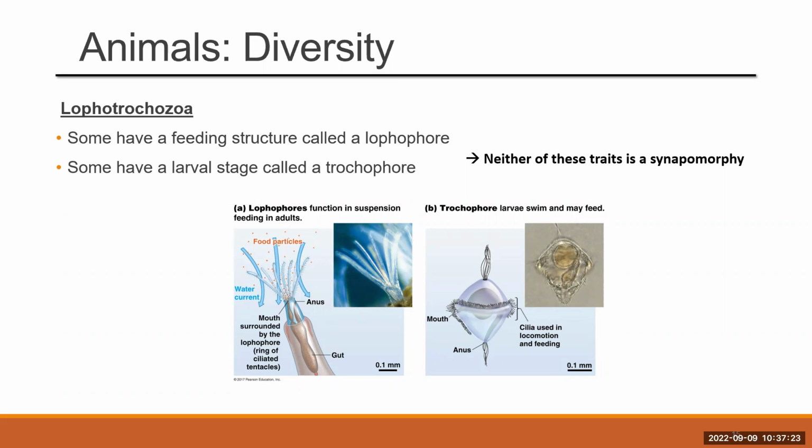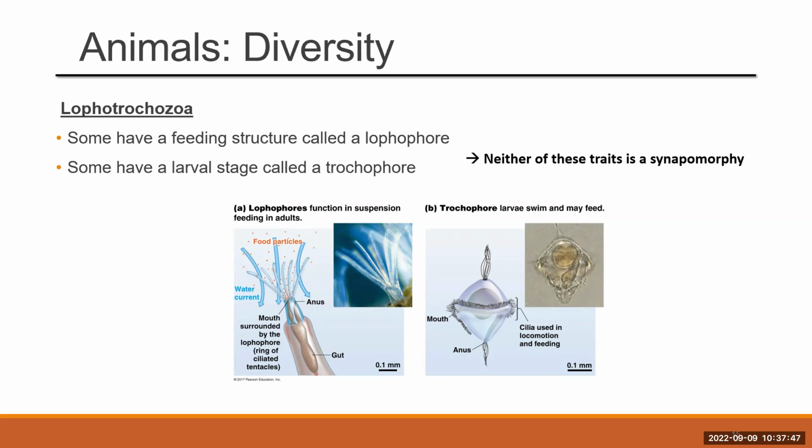The lophophore is this feeding structure here, which they can put out, these little cilia covered, hairy things, and then the water moves across them, the food particles get trapped and then brought into the organism through this little mouth and gut and then back out to the anus.